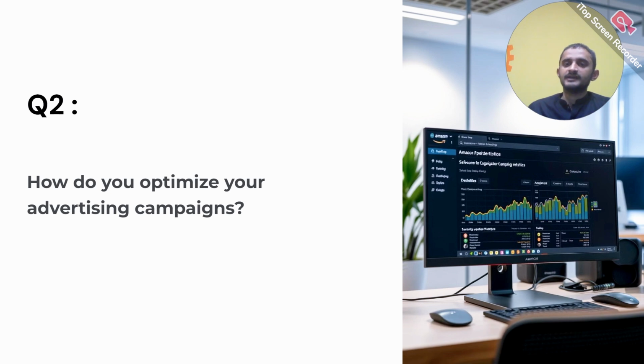Make sure that you are targeting all those competitors in your product targeting campaigns that are bringing good sales. Because when you target the competitors in a product targeting campaign, you get a lot of impressions under product pages when the customer is scrolling through their PDP. So make sure that you do that.